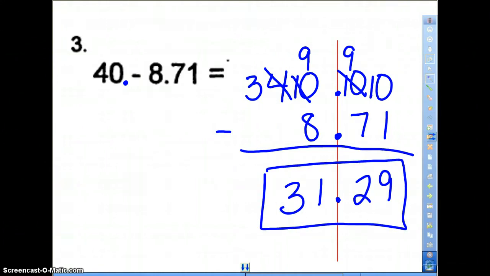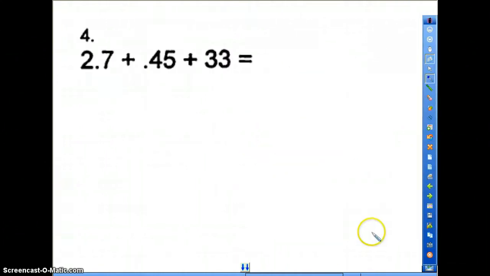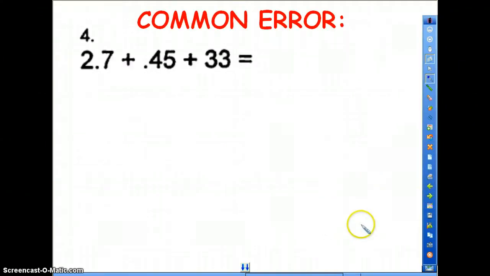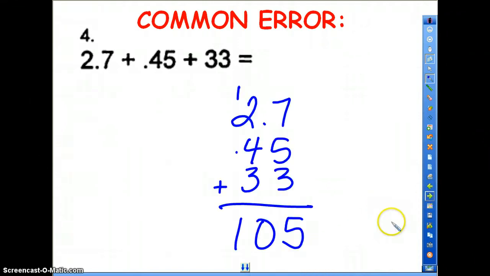All right, pretty easy. Okay, the next problem, number 4 on your computation test, is always addition with decimals. Number 3 is always subtraction with decimals. Number 4 is always addition with decimals. And what do you think the common error is here? Yeah. Kids don't know what to do with the decimal point. You have to do what with your decimal points?